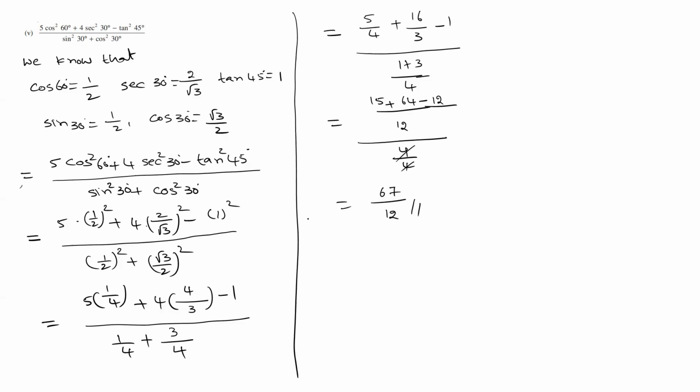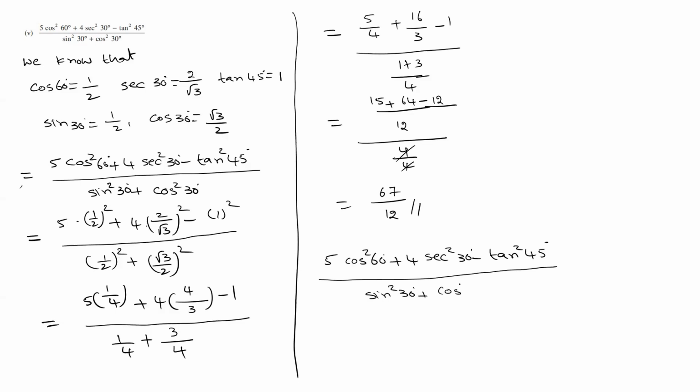That is the answer for this problem: 5 cos square 60 degrees plus 4 secant square 30 degrees minus tan square 45 degrees, whole divided by sine square 30 degrees plus cos square 60 degrees, is equal to 67 divided by 12.